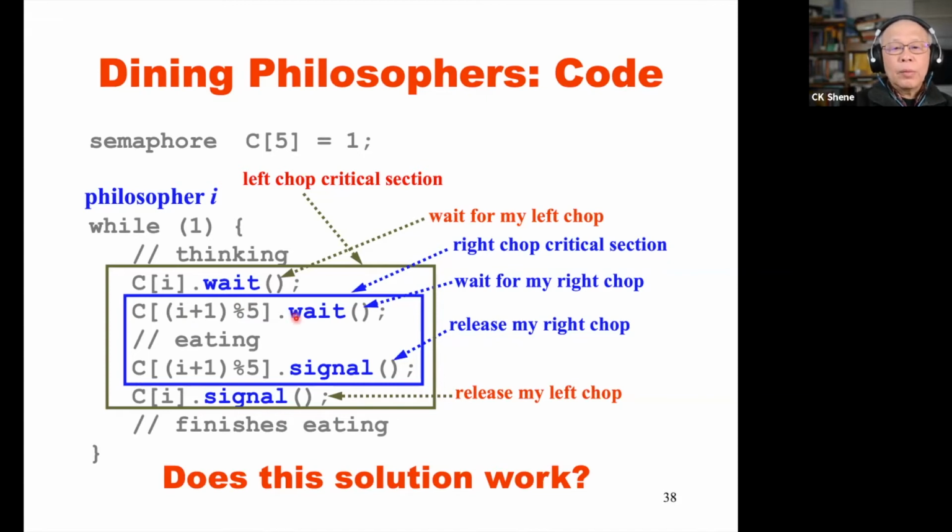If philosopher i is blocked here, it means philosopher i's right chopstick is being used by philosopher i+1 as his left chopstick. So if philosopher i can pass this wait, it means philosopher i has already had both chopsticks i and i+1. Therefore, philosopher i can eat.